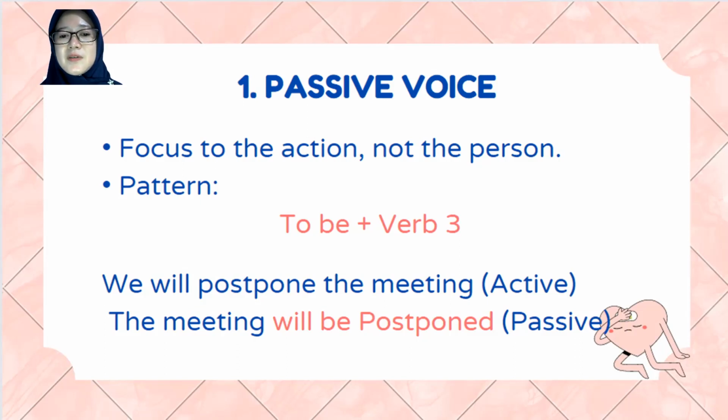So the important information here is that the meeting will be postponed. So passive voice focuses on the action, not on the person, not on the doer. And you can see the pattern here. Always use verb 3 and to be before the verb.